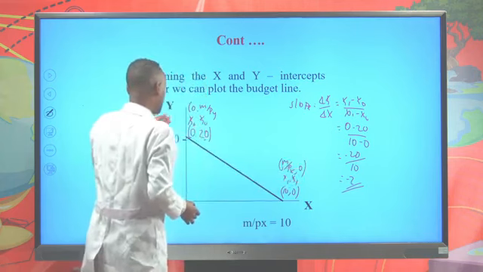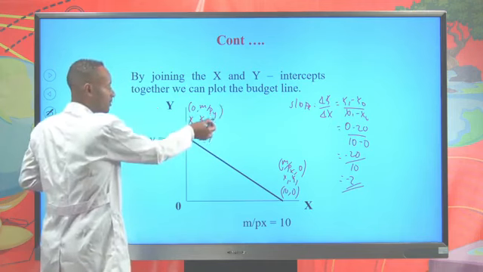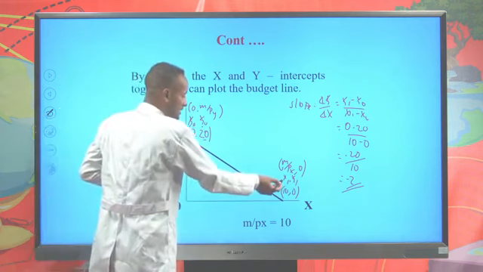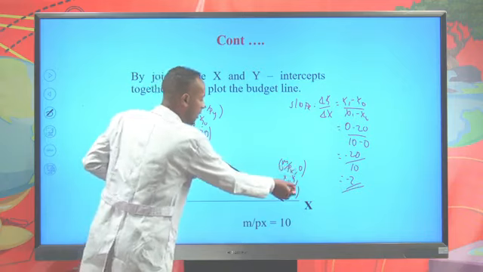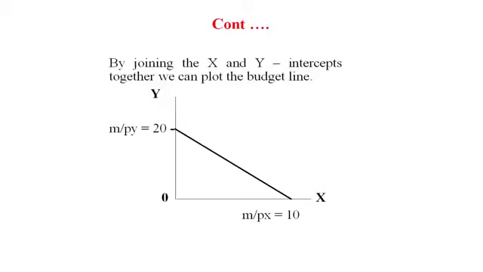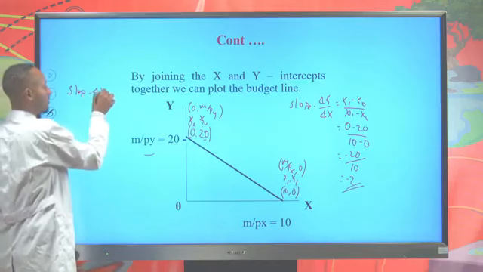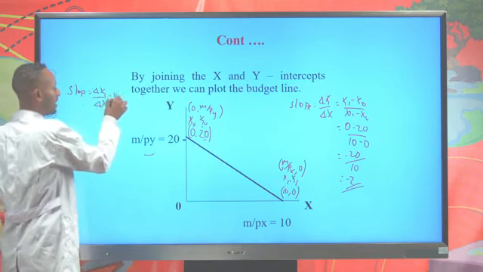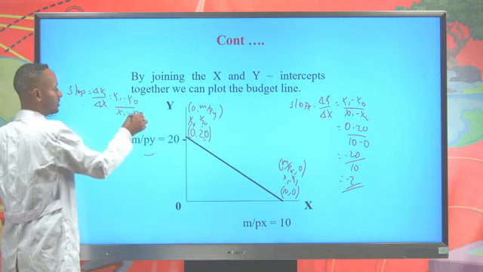Now let's take this 0 as x initial and m over price of y as y initial. Let's take this m over price of x as x final and 0 as y final, and then we can calculate the slope, which is equal to the change in y over the change in x, which is y final minus y initial divided by x final minus x initial.